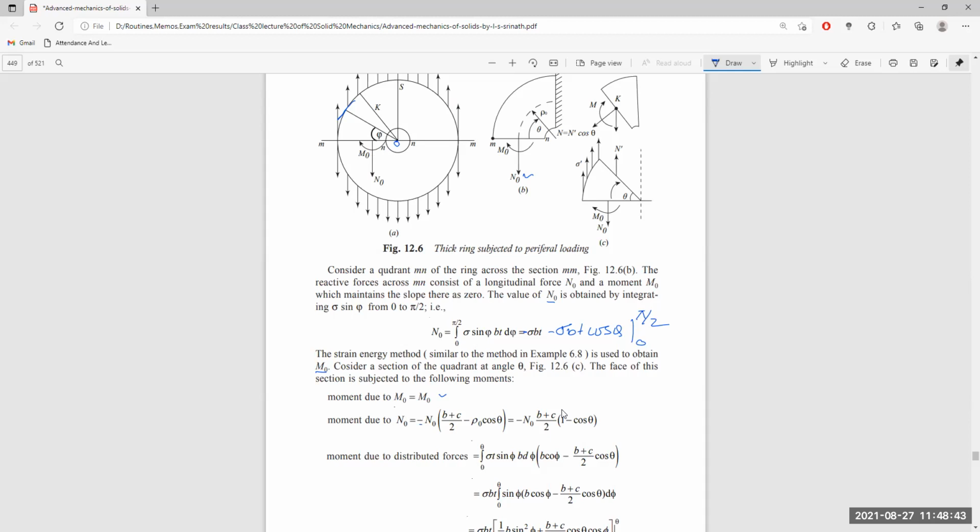What is that distance? It is rho zero, which is equal to B plus C by 2, where rho zero is the distance of the centroidal axis.